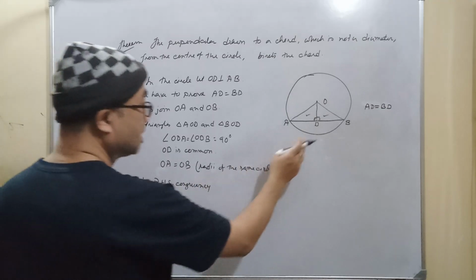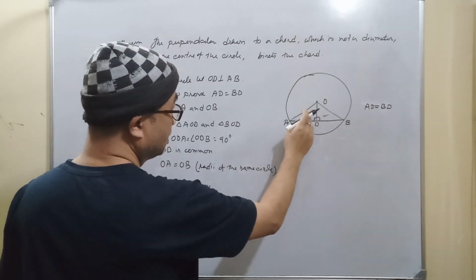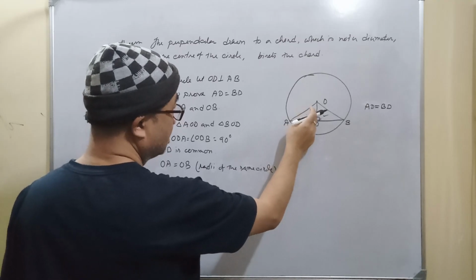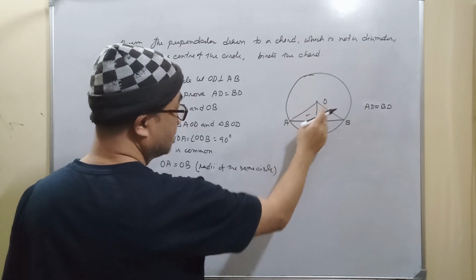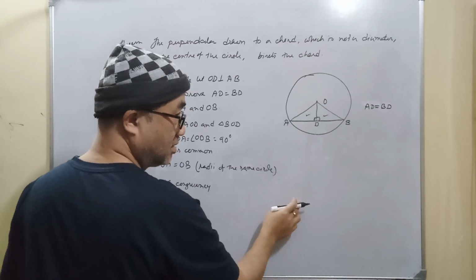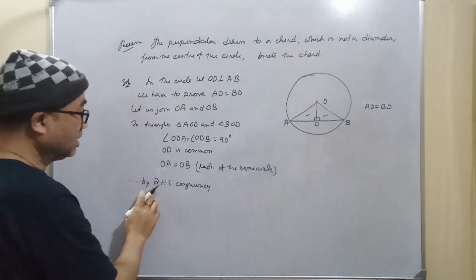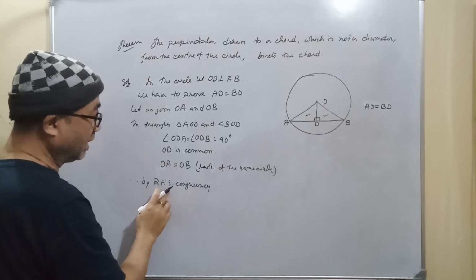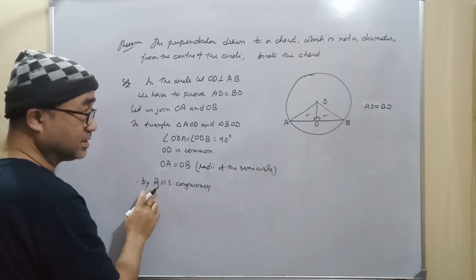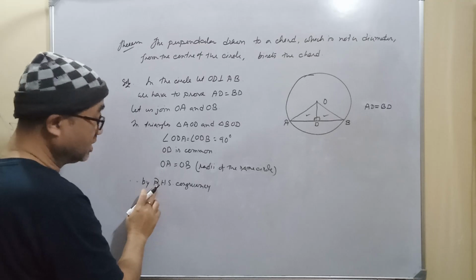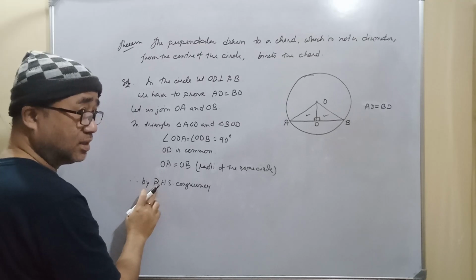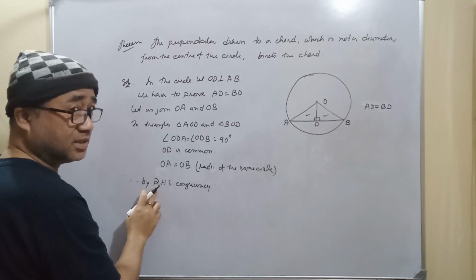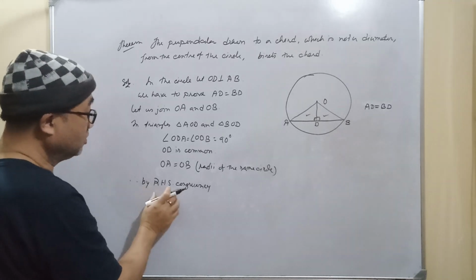Right angle is this angle, hypotenuse is this one, side is this one, this is equal to this one. Okay, right angle, hypotenuse and side congruency. One side equal, hypotenuse equal, and there is a common side, and we have angles which are right angles, 90 degree, right?